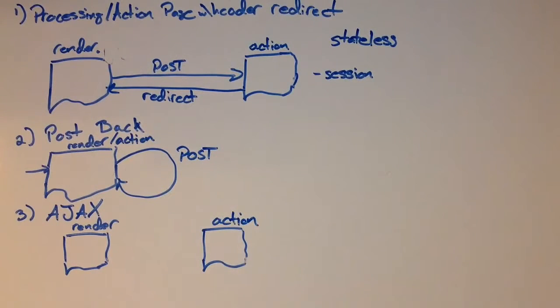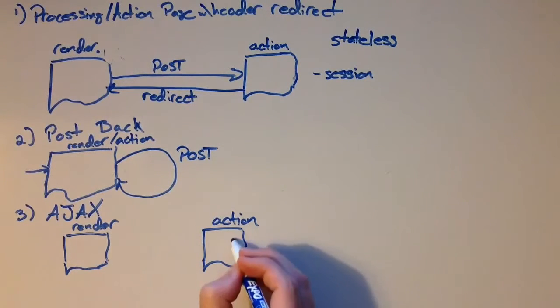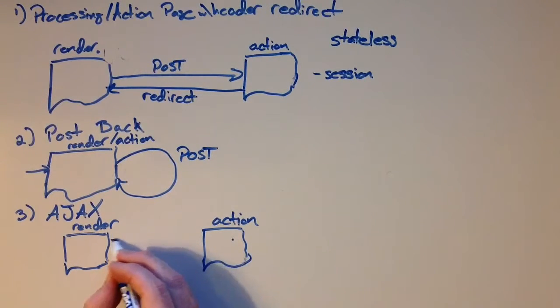But the interesting thing with this Ajax technique is that when the form is rendered, they fill in their data and click the submit button, and they are actually still on this page. They never leave to go to the action page.